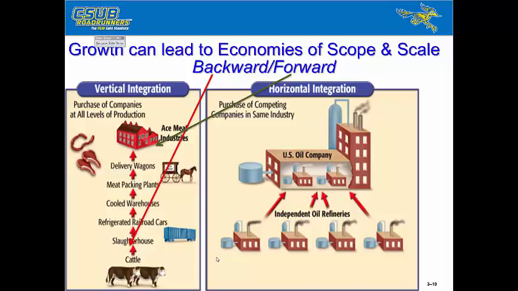So, this is an example of the meat industry. So, theoretically, you've got farms or ranches that raise cattle. They then send them to a different company that owns a slaughterhouse, and it, sadly kills the cows.